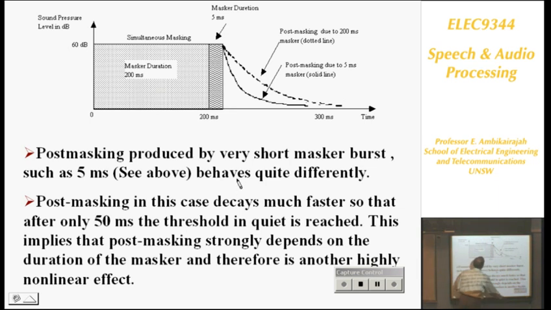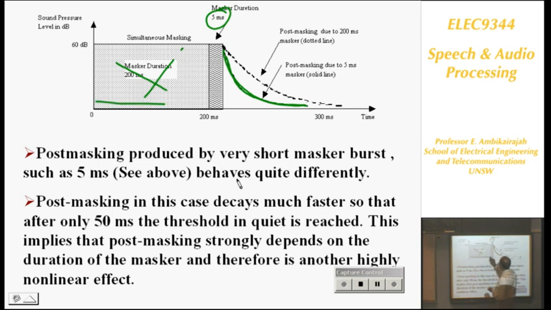So you can have a look here. You can see the masker, never mind about that for a moment. The masker duration of 200 milliseconds is there, and simultaneous masking here. The masker duration is 5 milliseconds, so the post-masking effect is very little because it's only there for a short while.